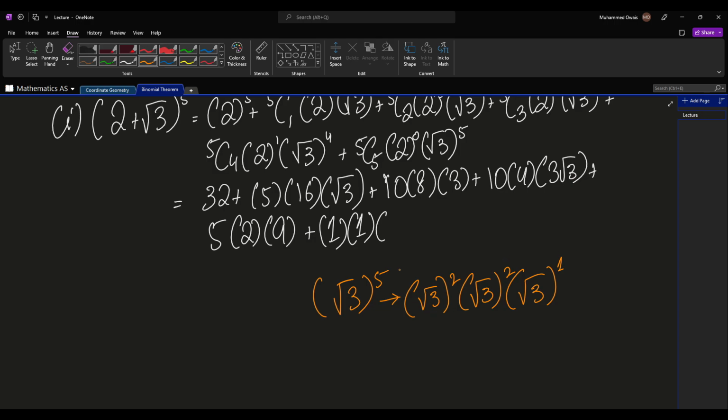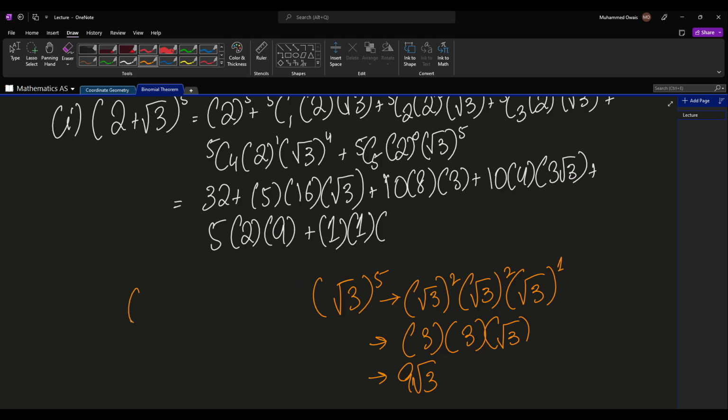Because they are being multiplied and the whole power gets added. So if I do it like this, what I can just do now is under root 3 squared becomes 3, another under root 3 squared becomes 3, and this remains as under root 3. Therefore, this becomes 9 under root 3. If you do it in your calculator, 9 under root 3, you should get 15.588, which you got last time. So this is how you resolve these types of terms.